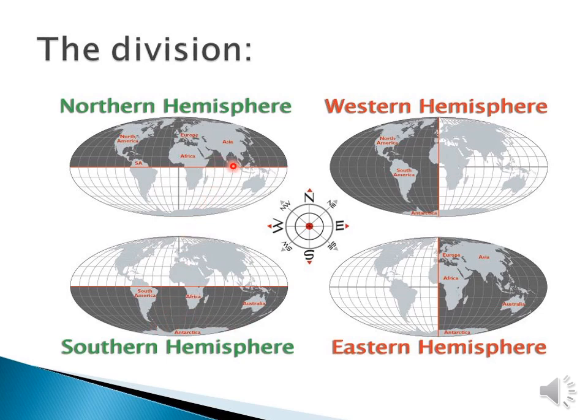So here we see India is located here. So India is in the northern hemisphere. Suppose we take the vertical division, then we will see India is located in the eastern hemisphere. On the left hand side is the western hemisphere, and on the right hand side is known as the eastern hemisphere.